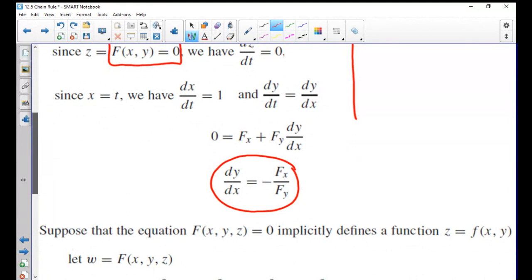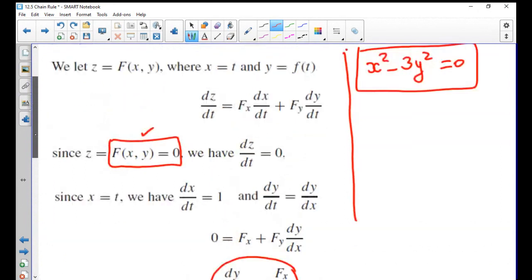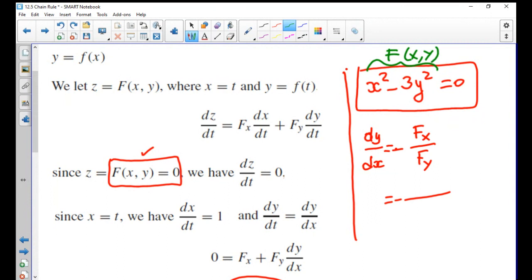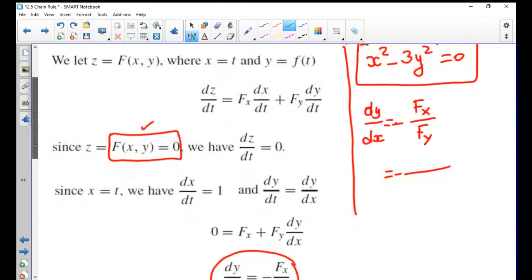Well, here is the rule. dy over dx will be minus f_x over f_y. So you want to find dy over dx, and it's going to be minus f_x over f_y, where f is this function. What is f_x in this case? The derivative of this function f with respect to x.